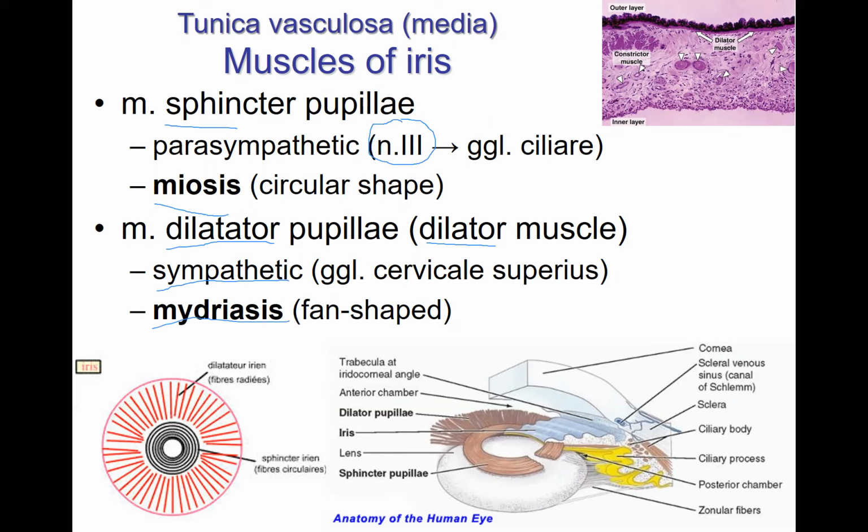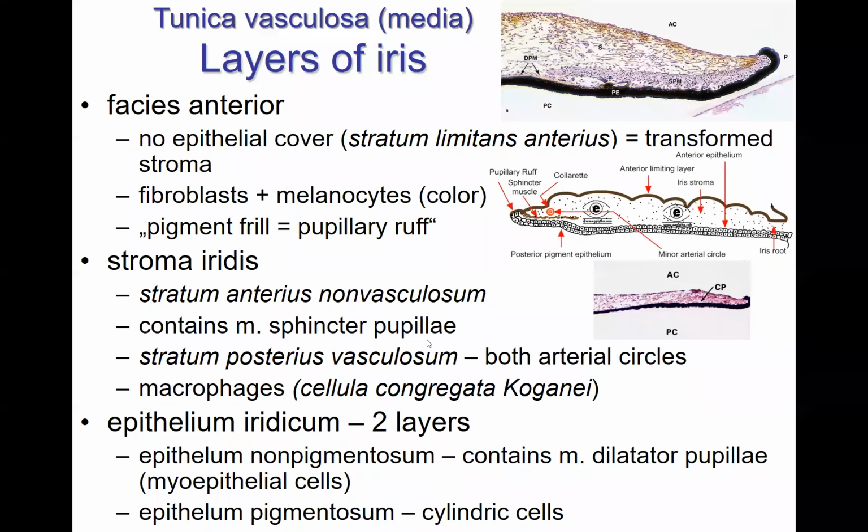But this is what you already know. The anatomical or histological difference is well visible here. The dilator muscle forms only a thin layer, quite dorsally. The sphincter forms dispersed bundles inside the stroma. So that's the histological difference between these two muscles.